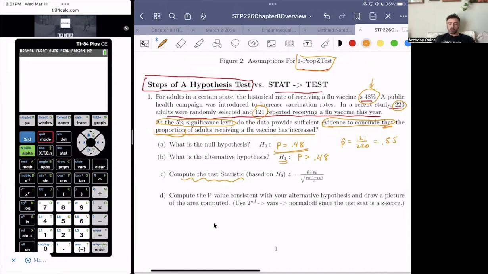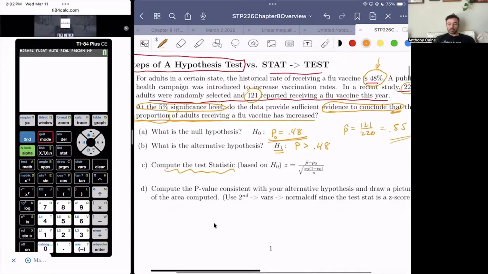If this is the true population, I should do a subscript 0, even though I'm sort of mixing the notation on the calculator and the notation that we tend to use in class. If the true population proportion was 0.48, what's the probability that by random chance our sample got 0.55?